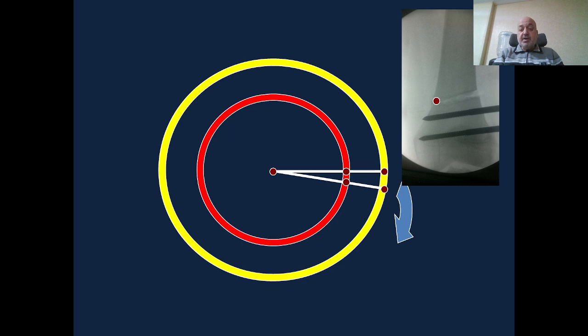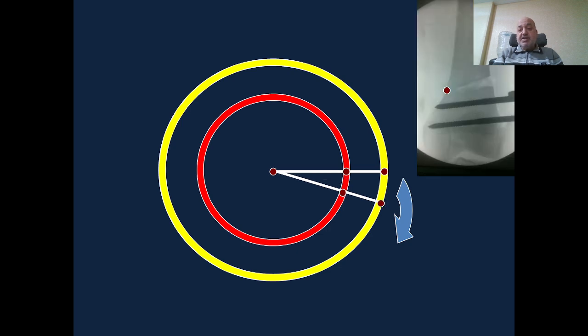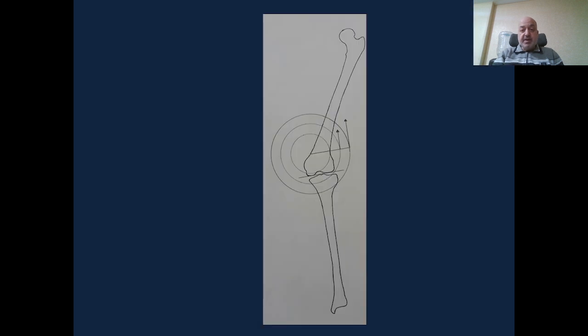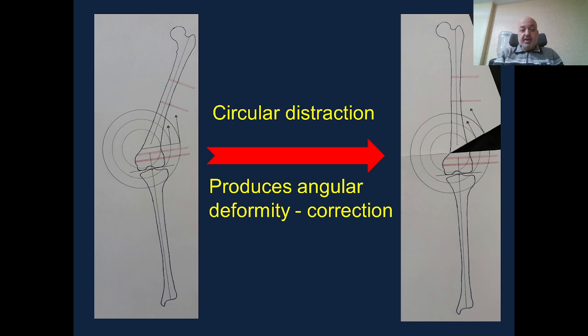Distraction along the yellow circle is the distractor; distraction along the red circle is the hinge. So distraction in the distractor goes faster than the distraction in the hinge. You can see here the hinge does not displace and the circular distraction will produce the correction. In this graph, we can see the correction doing the circular distraction.